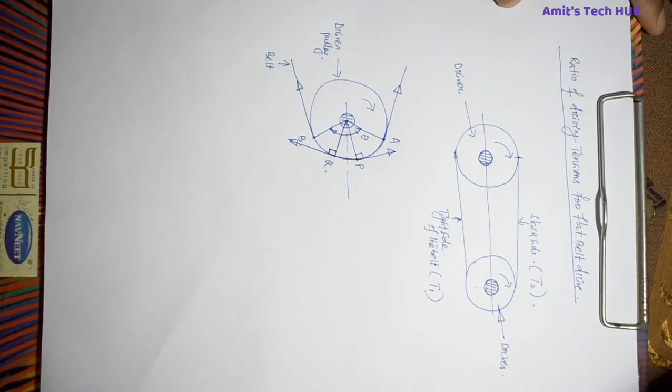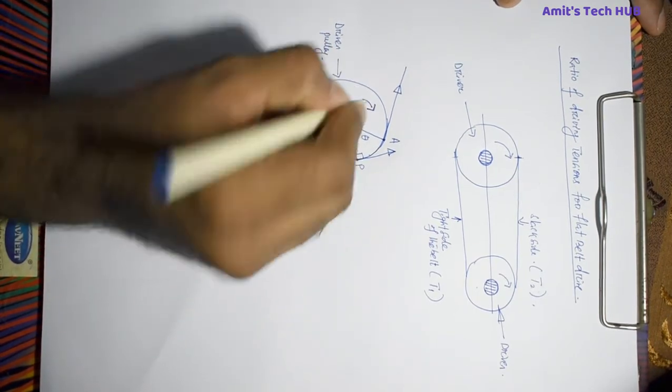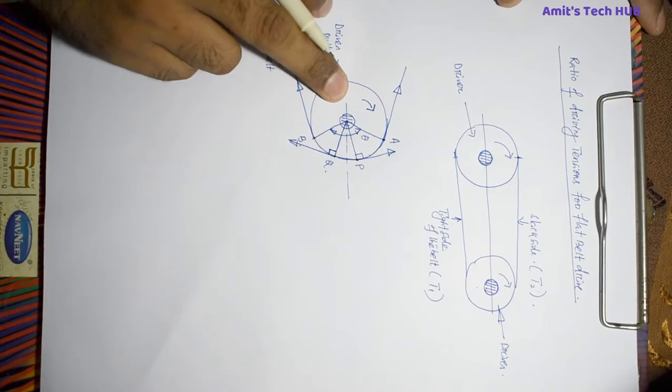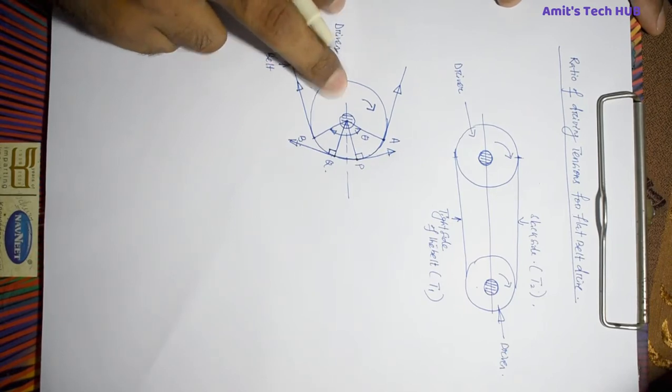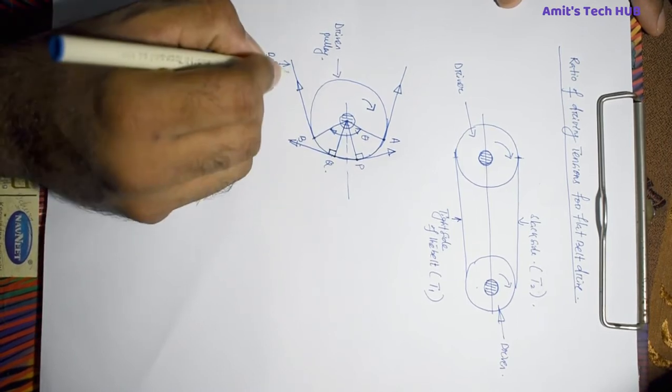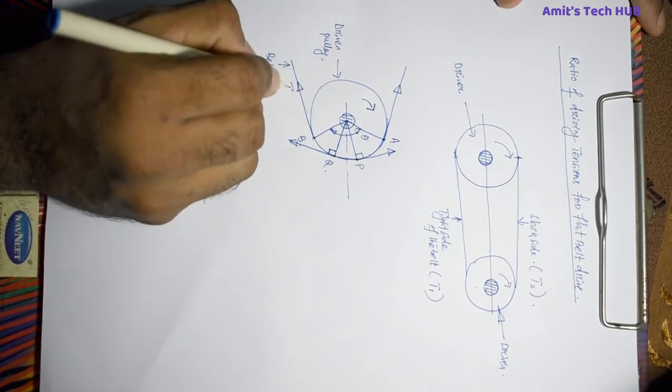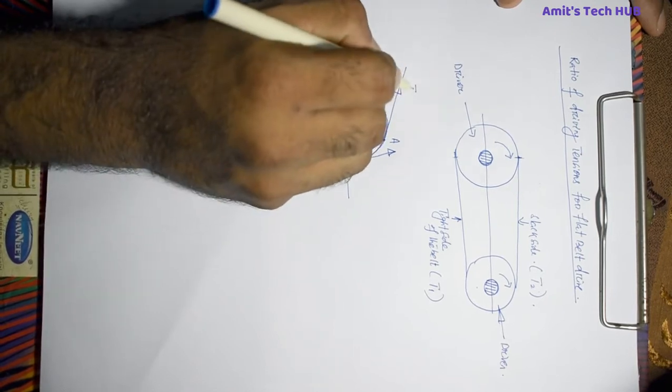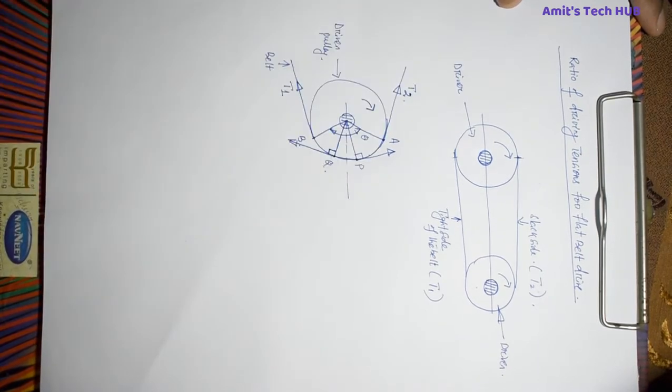Now let us consider this is rotating clockwise, so its direction of rotation depends upon your driver. That means this side of the belt will be the tight side. Let the tension here be T1 and this side of the belt have tension T2.